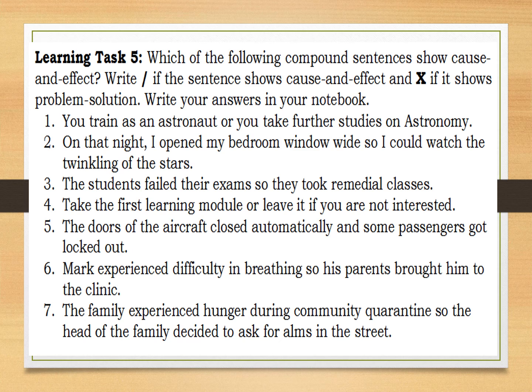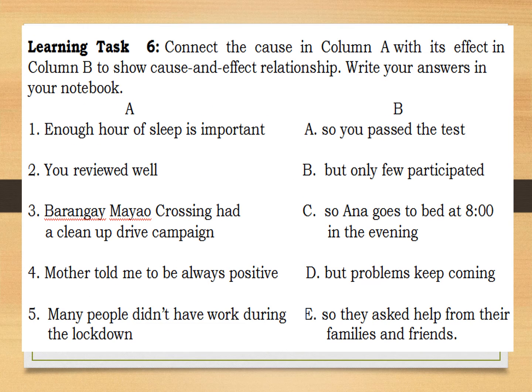Write or put a check if the sentence shows cause and effect, and X if it shows problem solution. Write your answers in your notebook. Learning task 6. Connect the cause in column A with its effect in column B to show cause and effect relationship. Write your answers in your notebook.